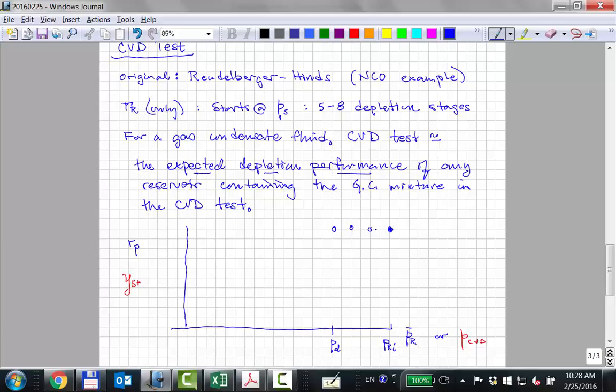And as we produce from the reservoir and the average reservoir pressure drops, the producing oil gas ratio will remain constant. Okay? Because pretty much everywhere in the reservoir, it's still above the dew point. And this value here is the initial solution oil gas ratio.